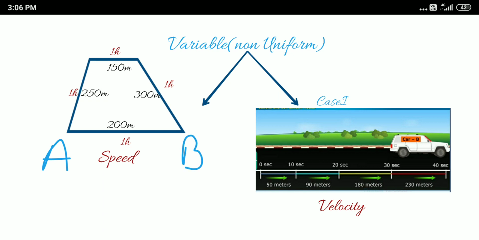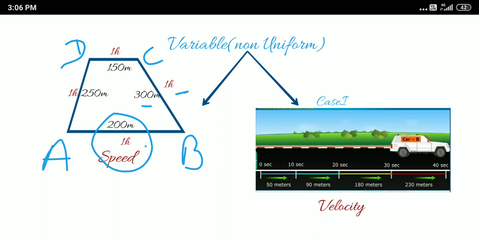Suppose it is A to B, the distance traveled by the object is 200 meter and it travels within 1 hour. Now another cross section B to C, 300 meter is travelled within 1 hour. Another cross section C to D, 150 meter is travelled within 1 hour.